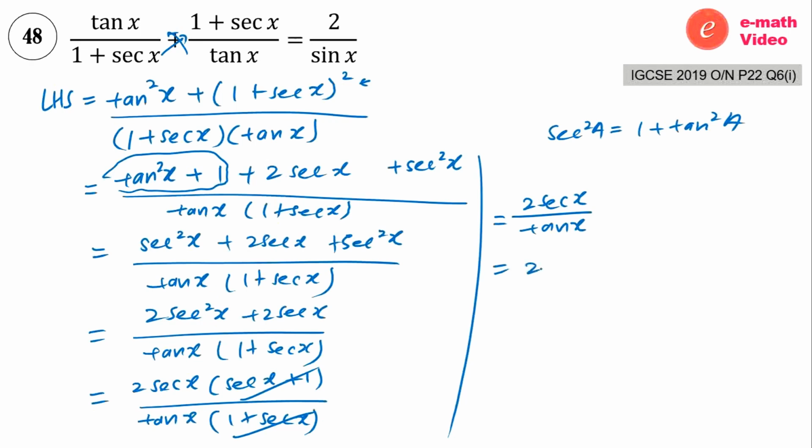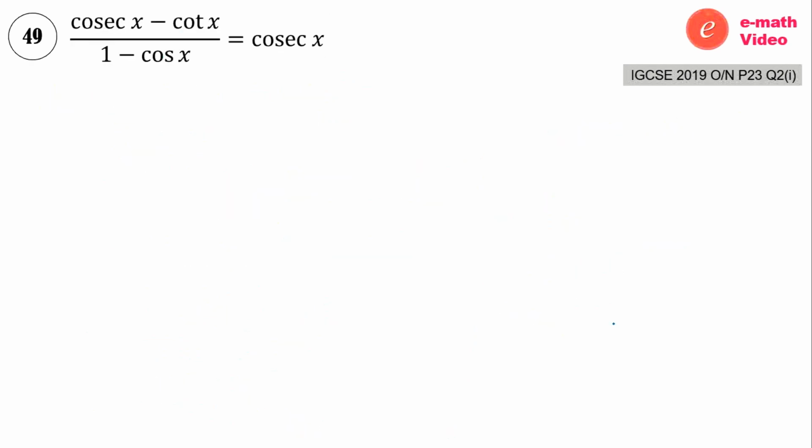Secant x is 1 over cos x. Divided by tangent x means times 1 over tangent x. 1 over tangent x is cotangent x. Cotangent x is cos x over sine x. Cos and cos cancel, equals to 2 over sine x. Proven.